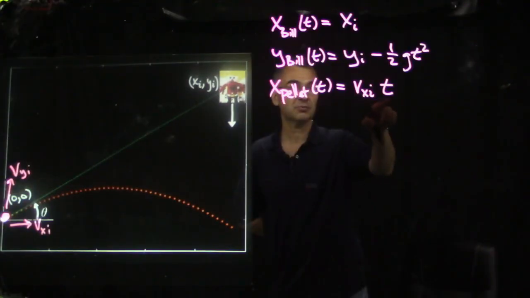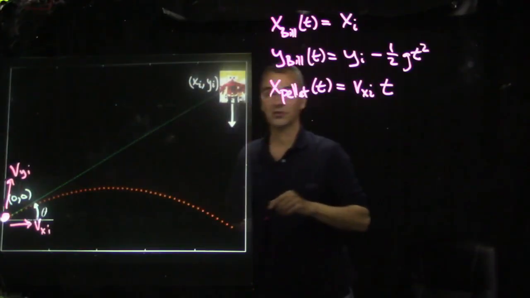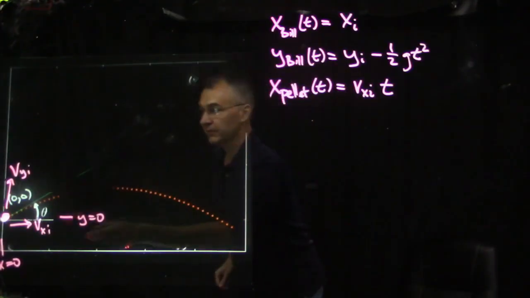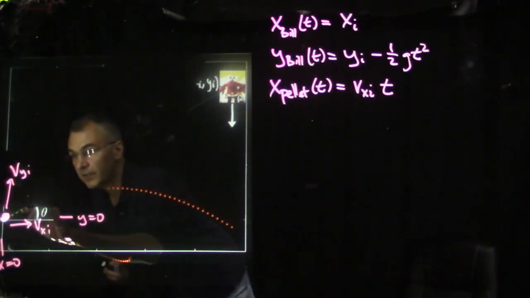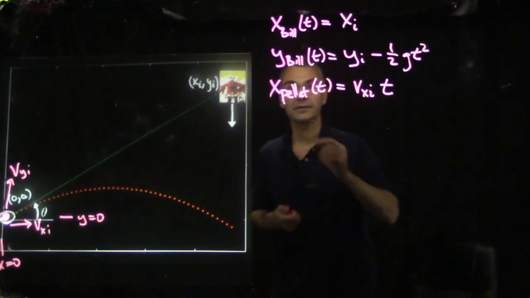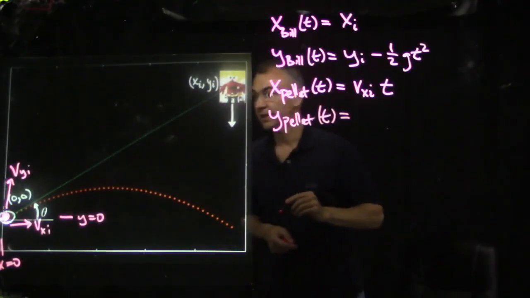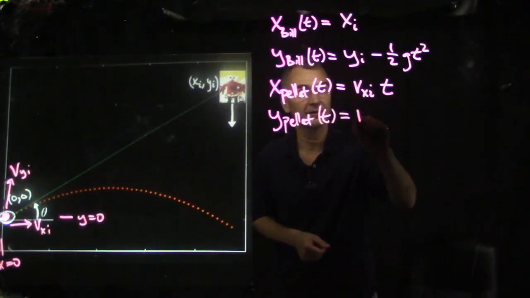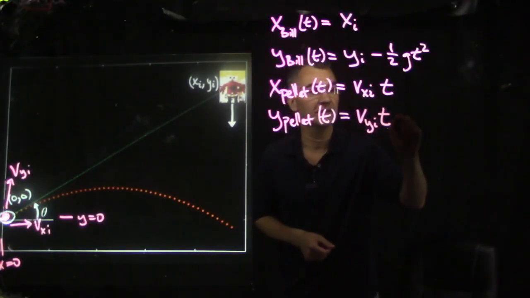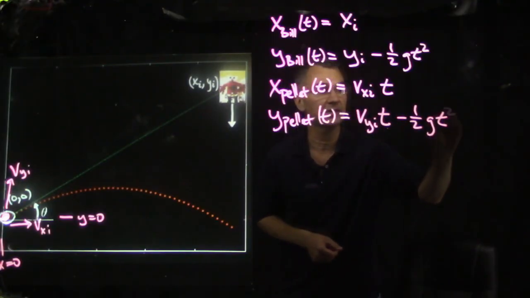So this is vx initial t plus 0, because at time 0, the pellet is at x equals 0, y equals 0. Then we have y pellet as a function of time. We start at y equals 0, but we have vy initial t, and then minus 1/2 gt squared.